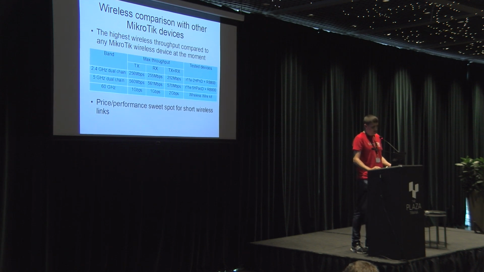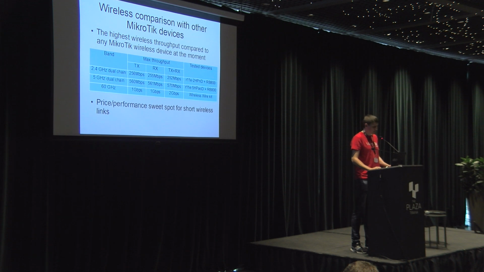Combined, you can't get any better because it is limited to approximately 252 megabytes per second. And the test was done with R11e-2HPnD card, which was mounted on RB800.